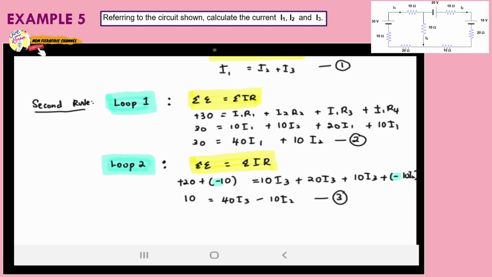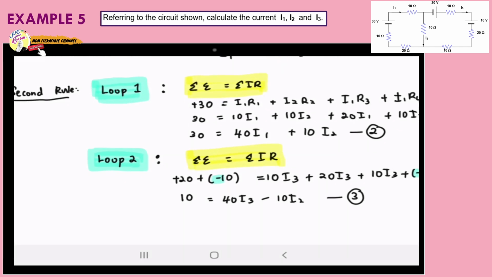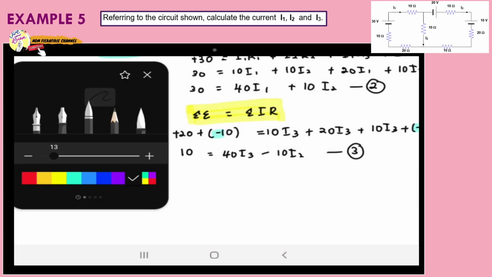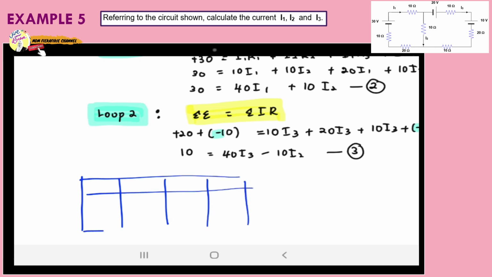Before we substitute the values, let's draw a table in order to guide you on which value goes for x, y, z. This is for I1, I2, I3, and this is for the constant.